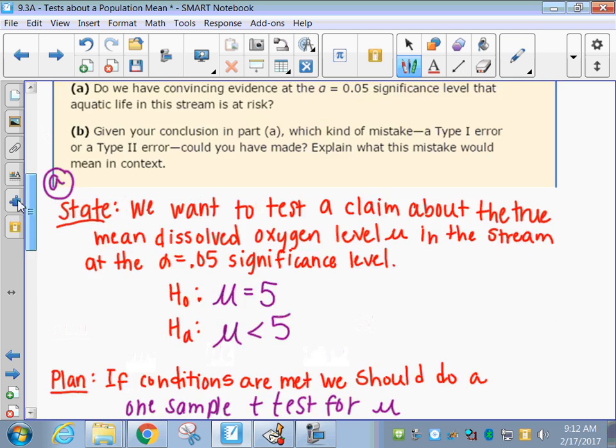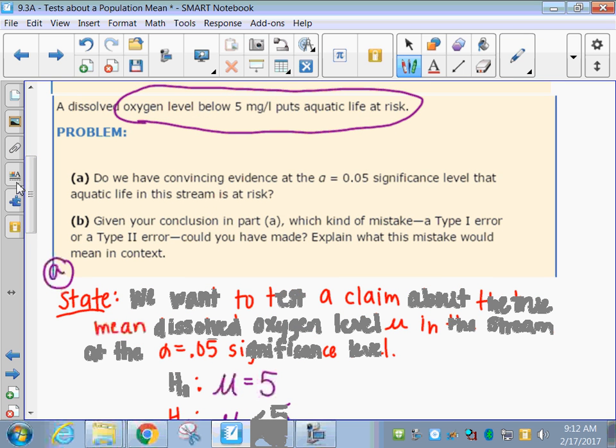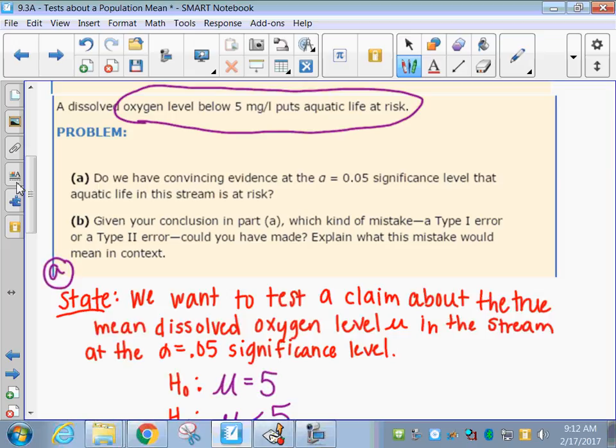For part B, so given your conclusion to part A, which kind of mistake, a type 1 error or a type 2 error, could we have made? Explain what this mistake would mean in context. So if we fail to reject the null, is that a type 1 or type 2 error? Could be a type 2 error, right?